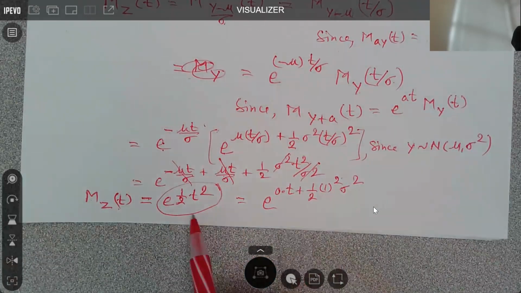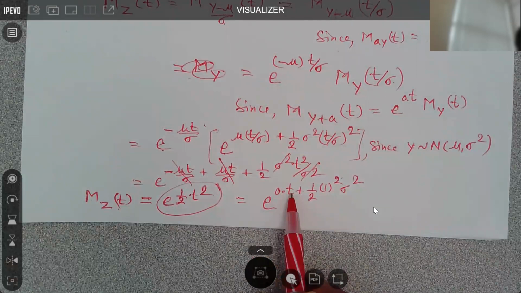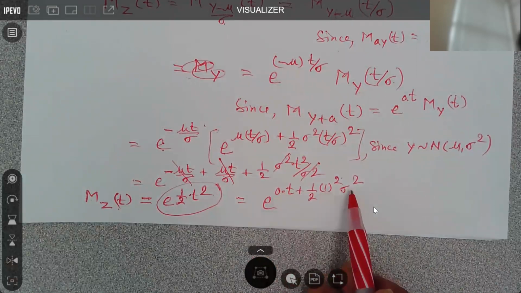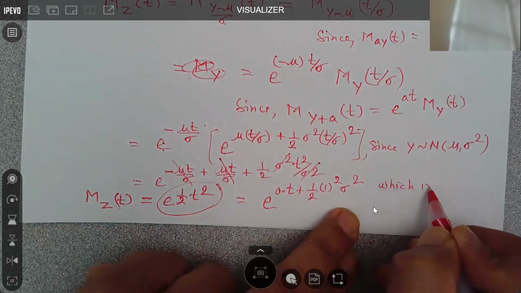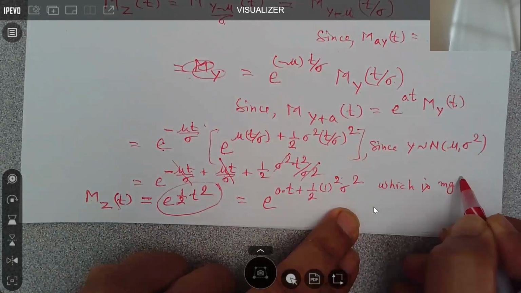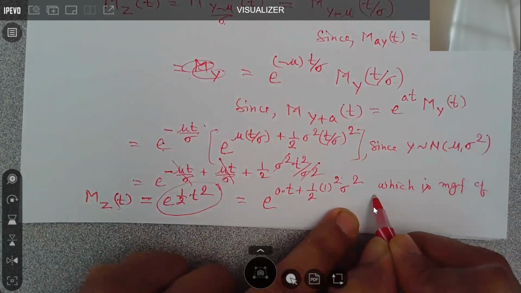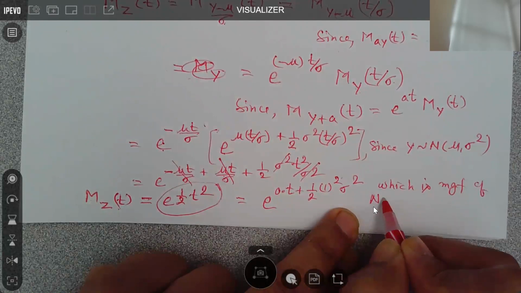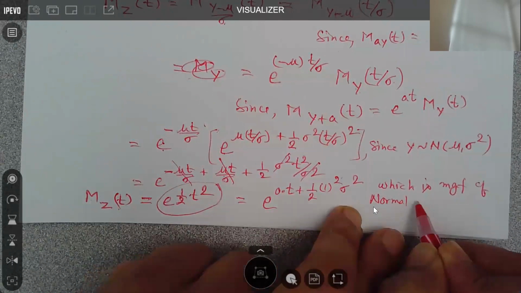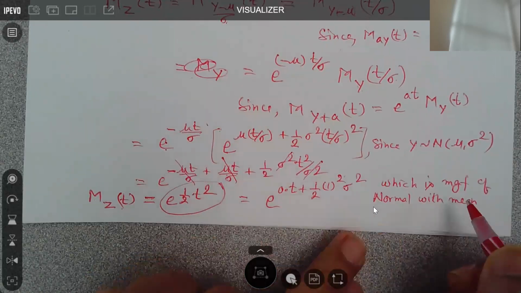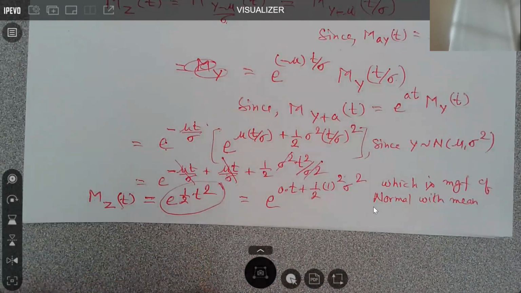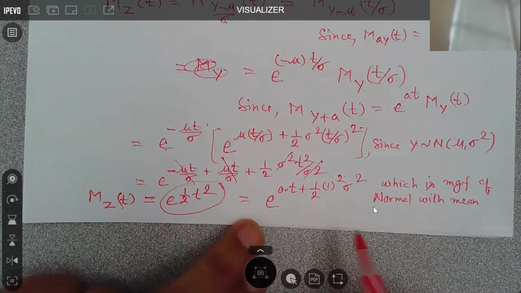They are the same, right? 0t, it is 0, and 1 square sigma square, which is the moment generating function of a normal with mean what? What is the mean here? 0, right? This is the mean, mu t, mean 0.